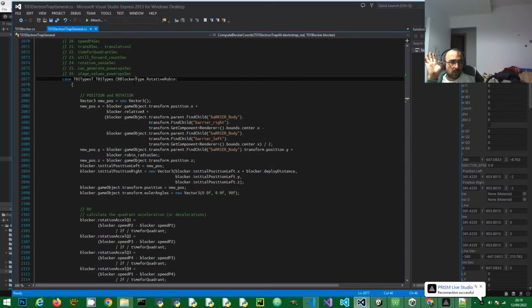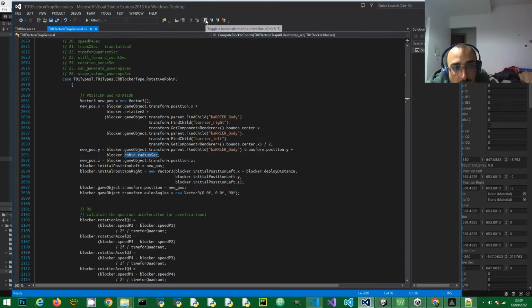Okay, so the X position is good. The Y position now. Body transfer position. Robin radius. Okay. So this Robin radius, where do we set it up?